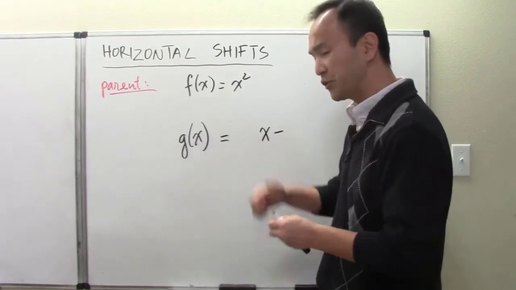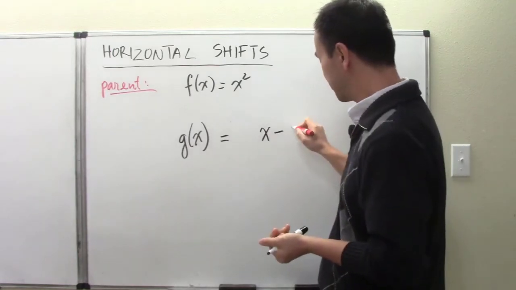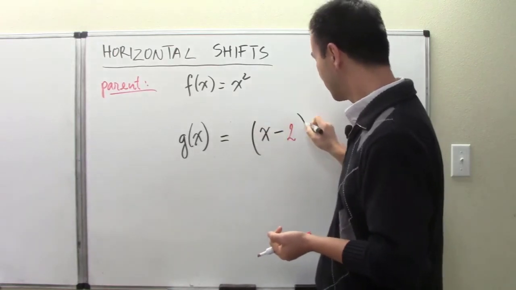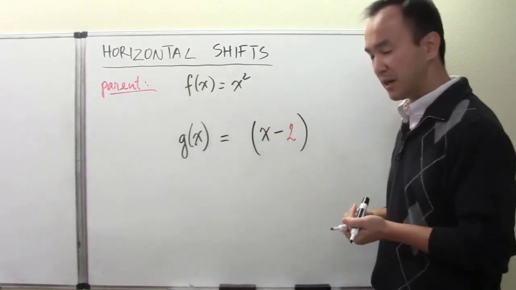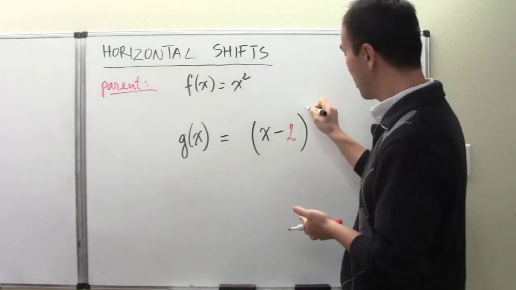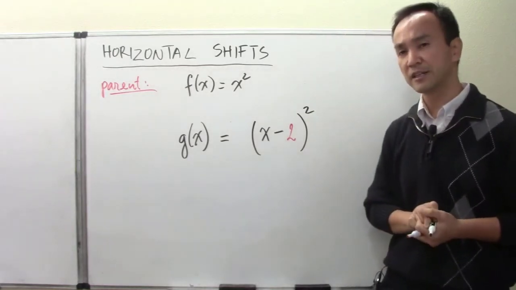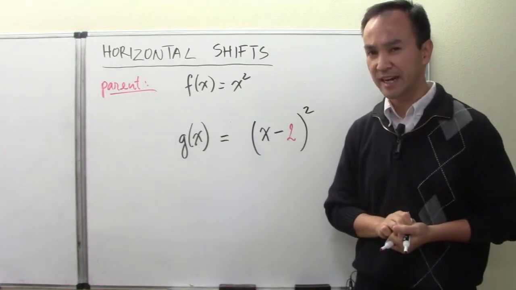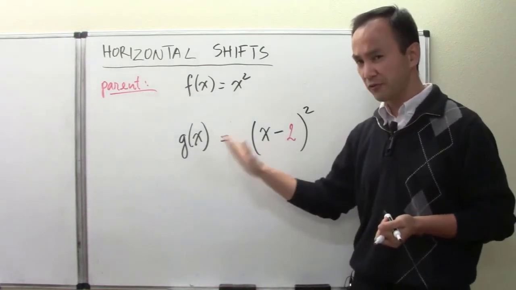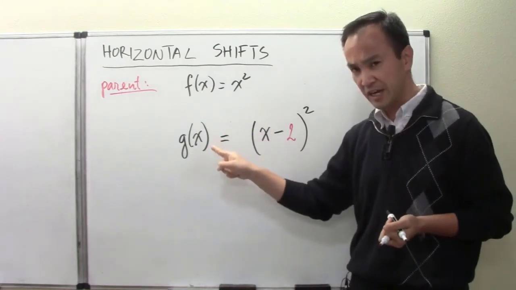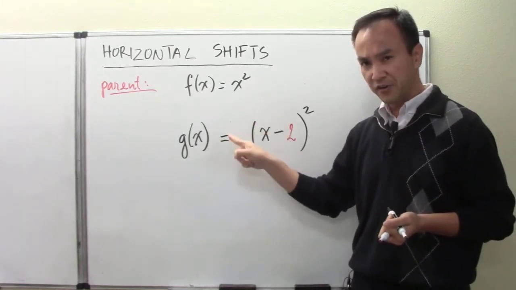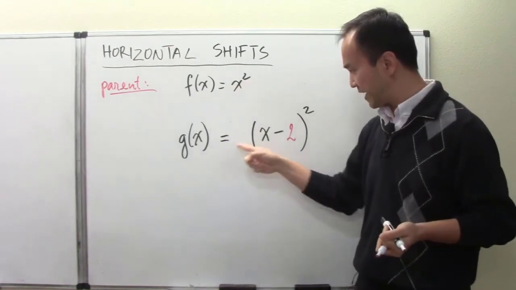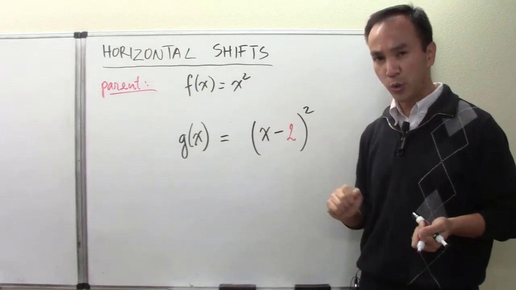Let me write that 2 in red ink purposely. x minus 2, all squared. I'm not saying anything about a descendant function or anything like that. All I'm saying at this moment is that this function is different from f of x. I name it g of x. So g of x equals x minus 2 all squared.